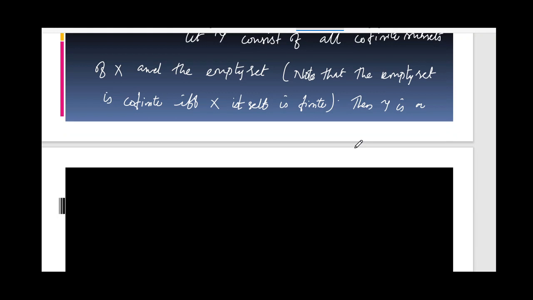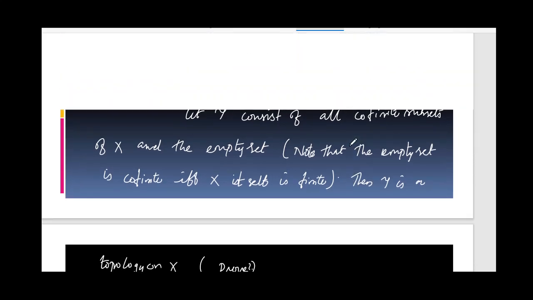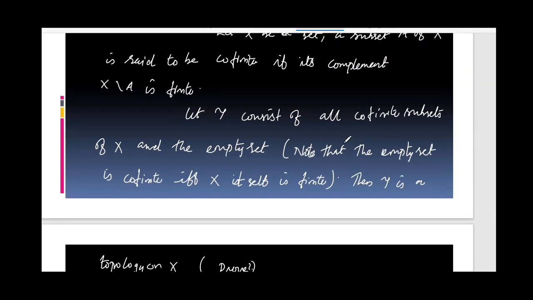Then this tau is a topology on X. You want to prove this tau is a cofinite topology. Tau consists of all cofinite subsets of X, that means the complement of that set is finite.